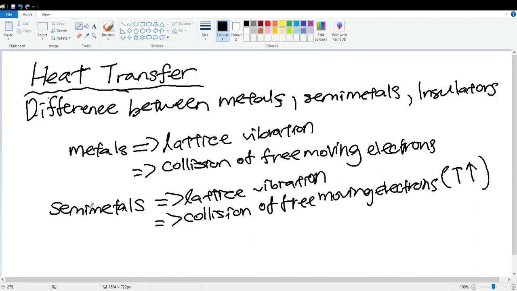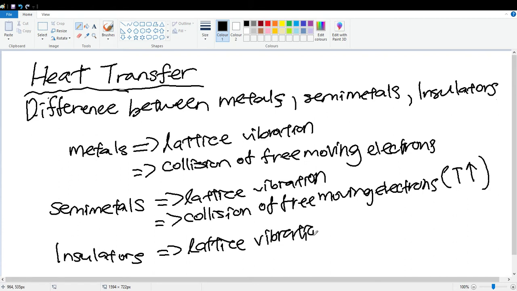As for insulators, they only have lattice vibration. So why is this so? We will discuss it now.